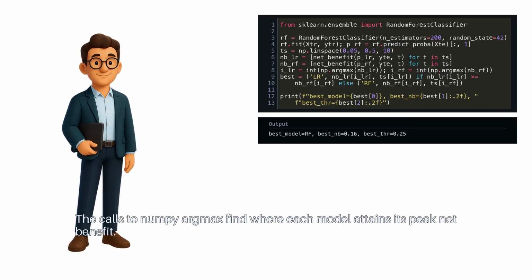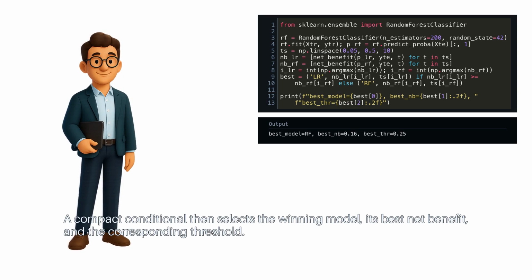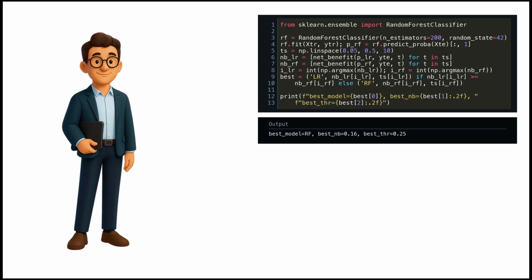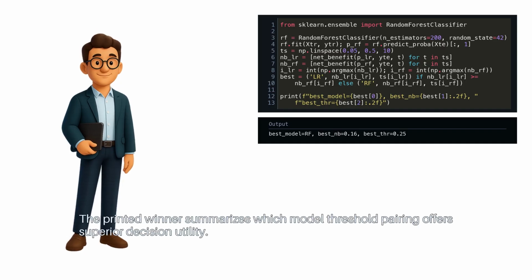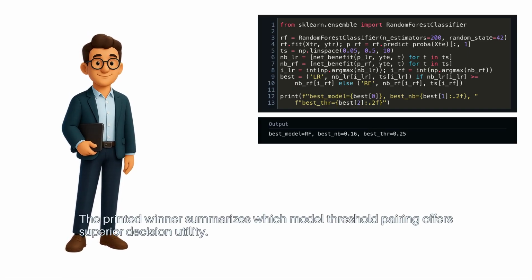The calls to numpy argmax find where each model attains its peak net benefit. A compact conditional then selects the winning model, its best net benefit, and the corresponding threshold. Increasing N estimators can stabilize the forest's probabilities at the cost of time. The printed winner summarizes which model threshold pairing offers superior decision utility.